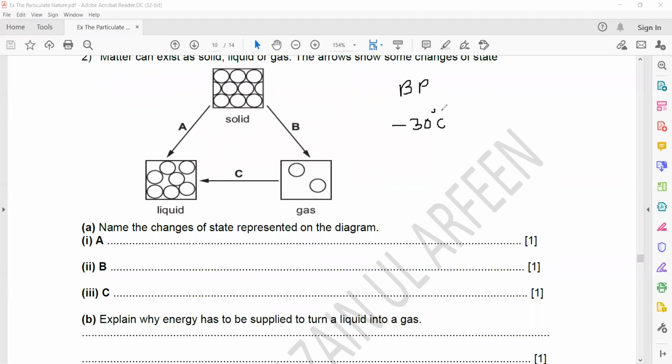So -30 is not a high temperature, it is a low temperature. It depends on why some substances have a high boiling point and some have a low boiling point. Like when you take the example of water, the boiling temperature of water is 100. And when you take the example of alcohol, the boiling temperature for alcohol is 78.